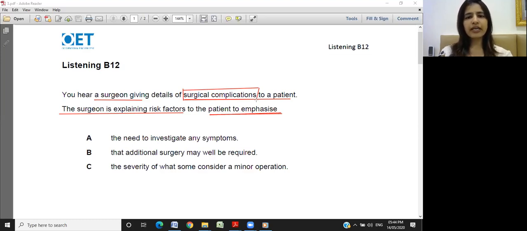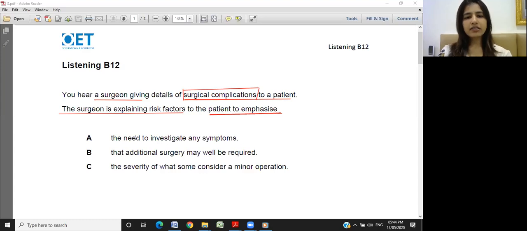We don't know at this point what kind of operation the patient is going to have, but depending upon what kind of operation they are going to have, they might have some discussion on what kind of complications can occur, whether those complications are very common or very rare, how it will be dealt with, what the patient has to do to avoid those complications, isn't it? This can be the possible content of this entire extract.